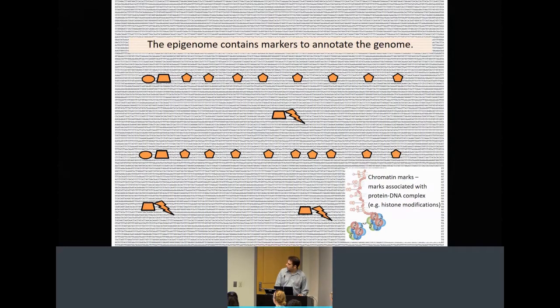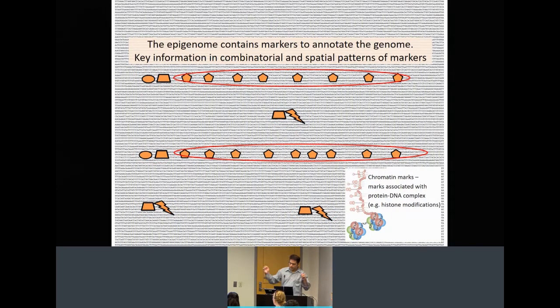And one important aspect of this type of data is there's the combinatorial patterns of these marks, which can give you a signal of important patterns from this data. In addition to the combinatorial patterns, there can also be spatial patterns, like broad domains of different marks. So we ideally would want computational methods to be able to recognize these types of patterns.